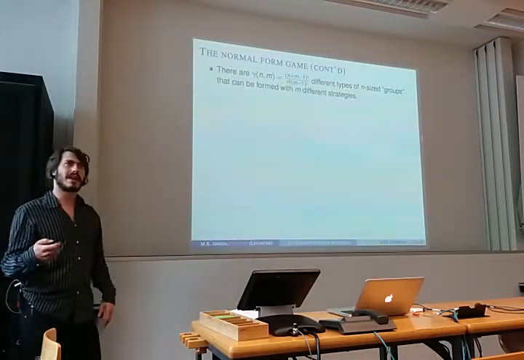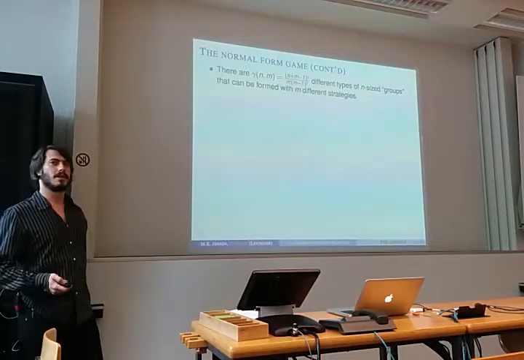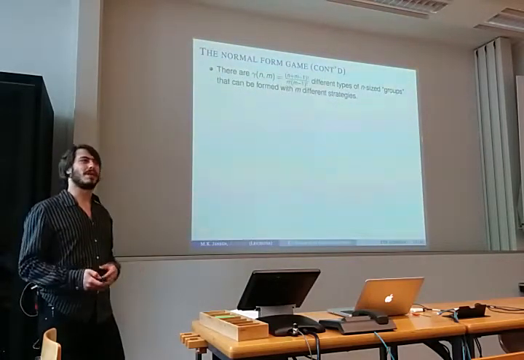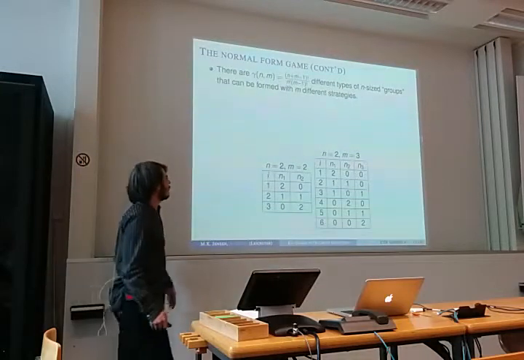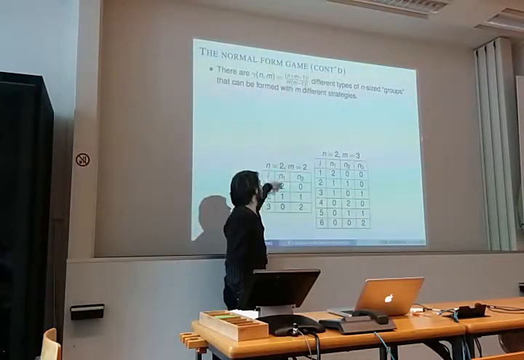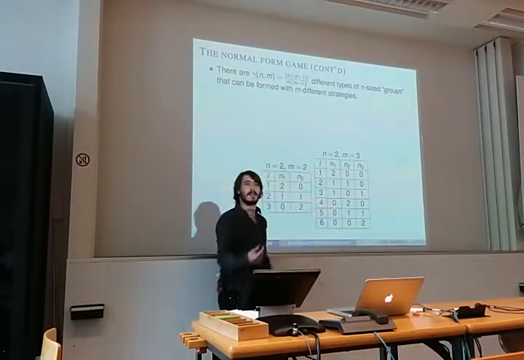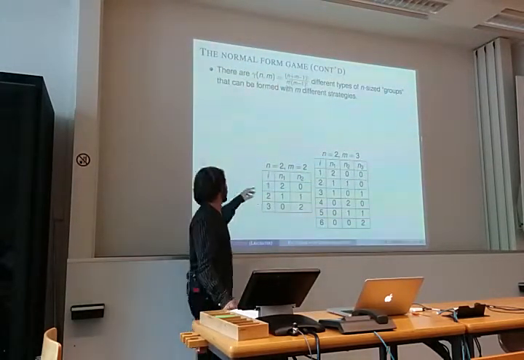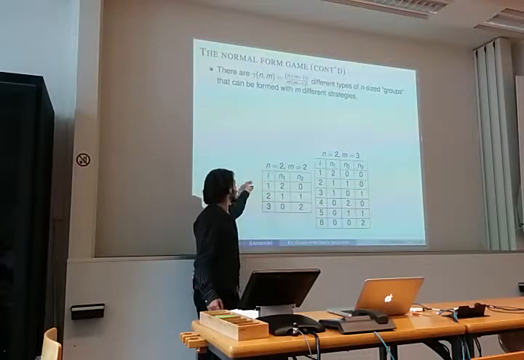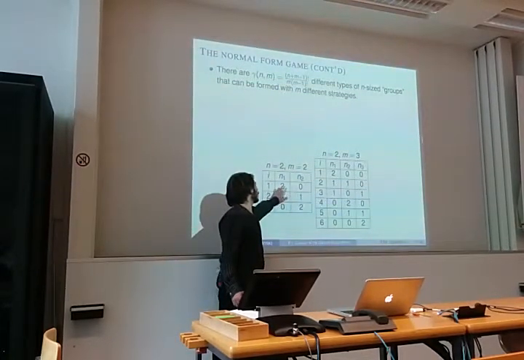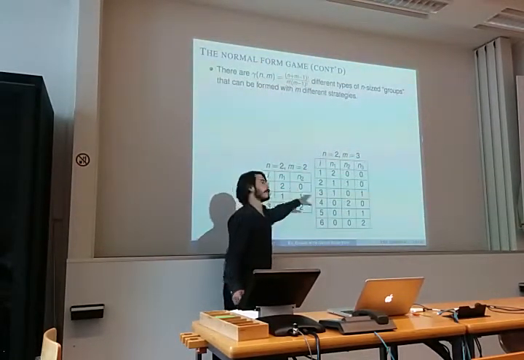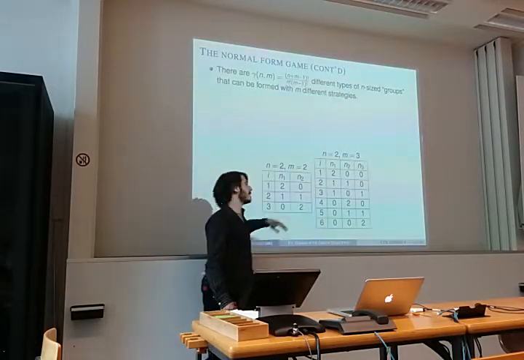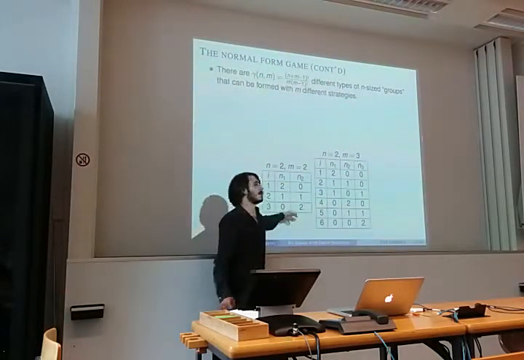Now, if you think of such a symmetric normal form game, there will be that many different types of groups. And what do I mean by types? Okay, if you have 2 players and 2 strategies, as in the prisoner's dilemma, for example, you can have only 3 groups. You can have group number 1, which has 2 cooperators and 0 defectors. You can have group number 2, which has 1 cooperator and 1 defector, and group number 3 has 2 defectors.